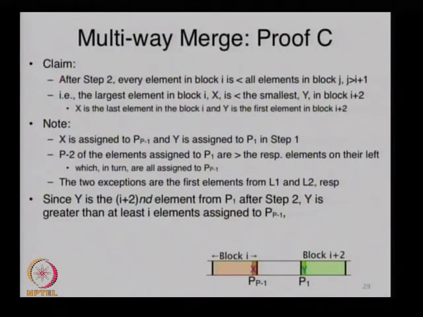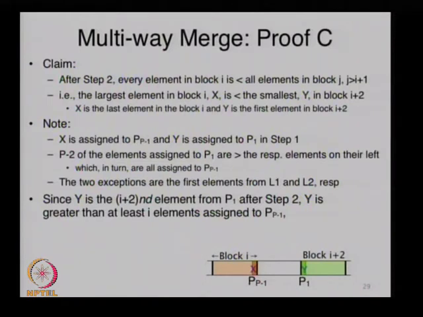And what is Y's position in its processor? Coming back to the 16 processor example, which element is Y for that processor? Y is given to processor P0.